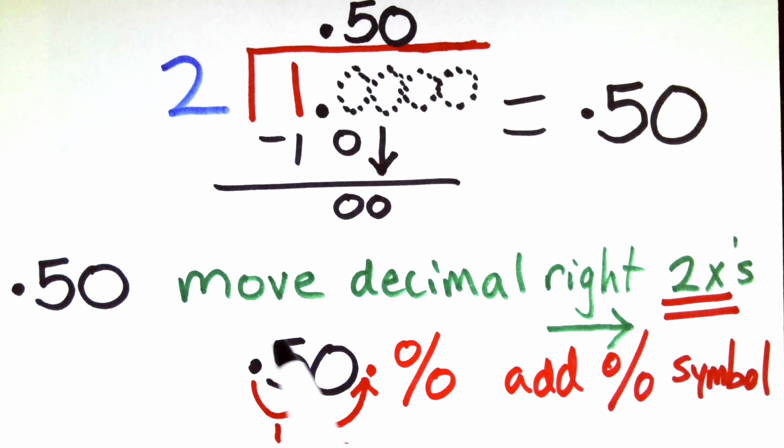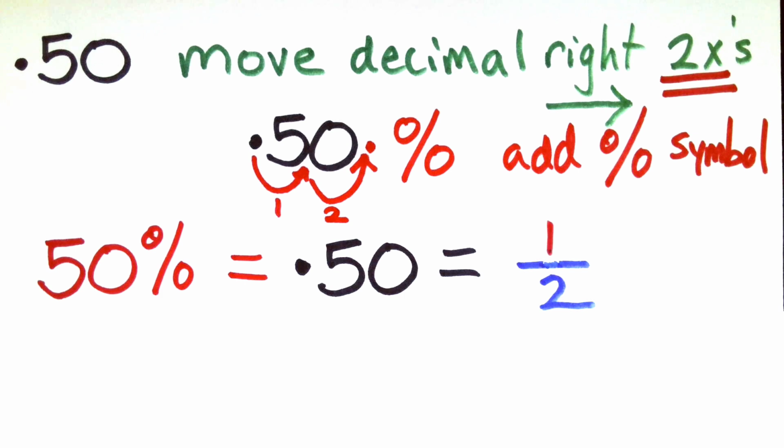You add the percent symbol. It's that easy. Move the decimal to the right 2 times. I have an arrow, that's the direction to the right, like you see here. Move the decimal 1, 2 places. Add the percentage symbol. Now you've converted a decimal value into a percent. Yes, it's that easy.